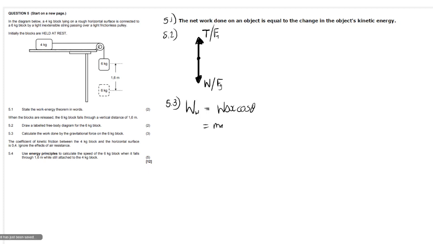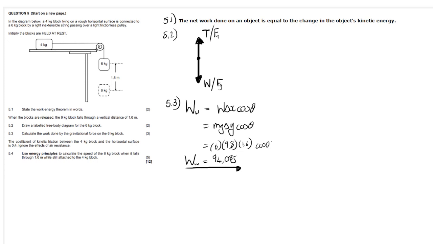And so mg, and this should actually be not cosine x, but cosine y in this case, because this is vertical movement. Although there will be some leniency and you don't need to be too strict on that. Mass times gravity, this is 6 multiplied by 9,8 multiplied by displacement, which is 1,6 multiplied by cosine of 0. That means just 1. A quick calculation there will tell us that the work done here by weight is 94.08 joules.